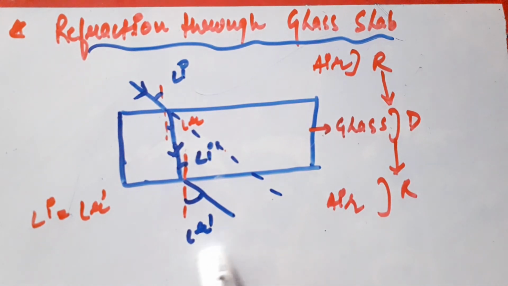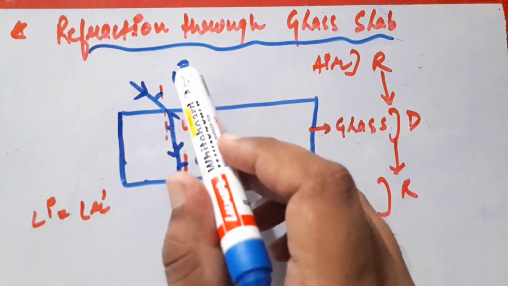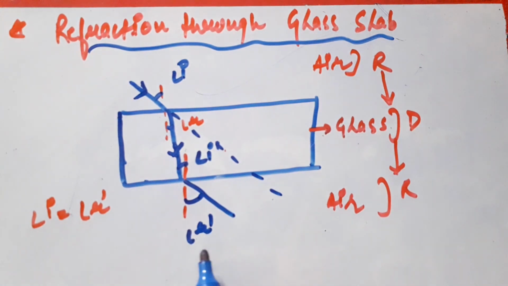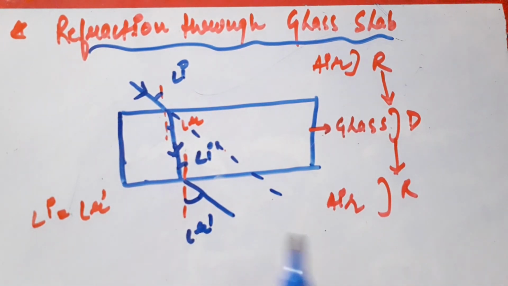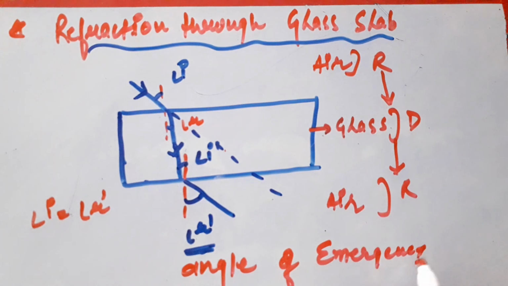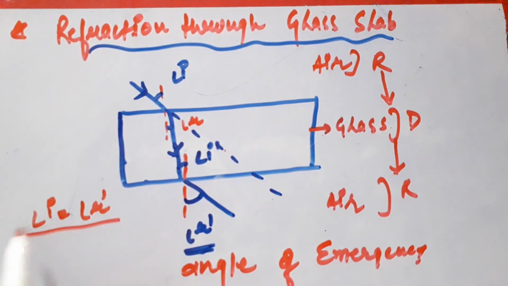And this is the incident ray, this is the angle of incidence, this is the angle of refraction, this is again the angle of incidence, but this angle of refraction is also called the angle of emergence. So now we can understand that the angle of incidence is equal to the angle of emergence.